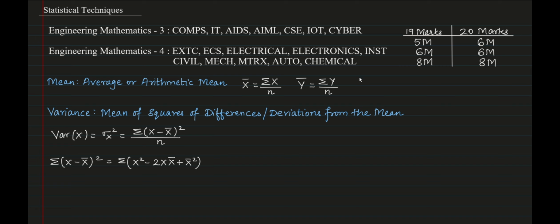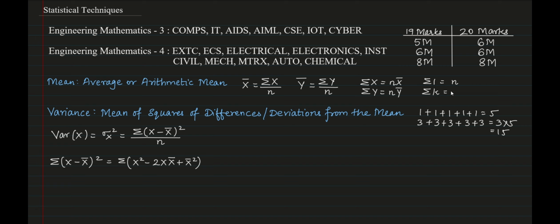Before that, we can write the expression of summation x as n into x bar. Similarly, summation of y will be n into y bar. We also know that summation of 1 is n. Simply if we add 1 for 5 times, we get 5. Likewise, if we add 3 for 5 times, we get 3 times 5, that is 15. So we can even write summation of k will be k into n.